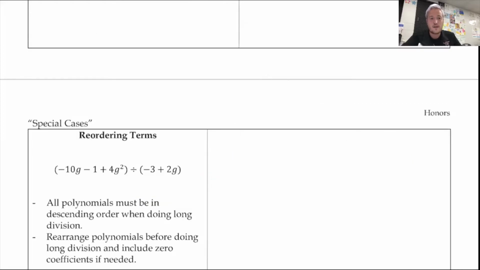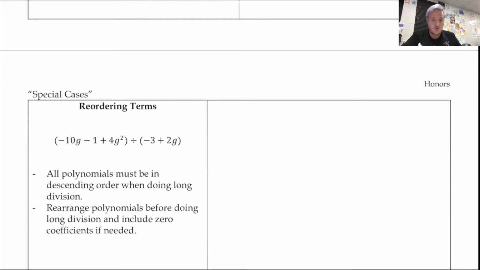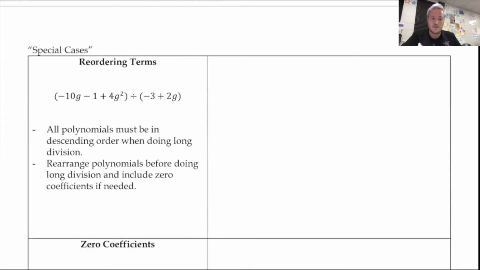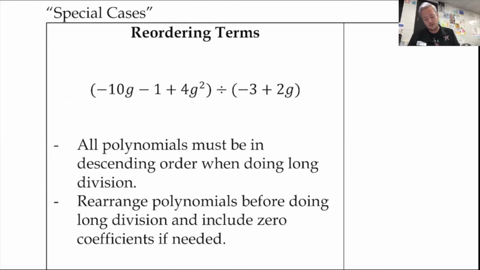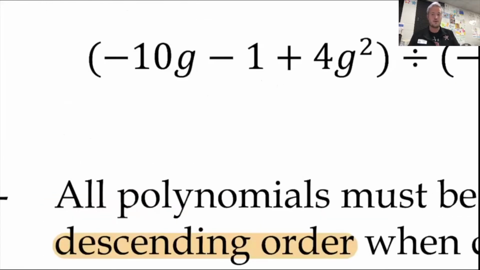All right, so we're going to get into some special cases, because tragically there are special cases, as if this wasn't difficult enough. The first quote unquote special case is really just if you have to reorder. All the polynomials have to be in descending order, from the highest degree to the lowest degree, which means your first polynomial here, you just have to rearrange it.